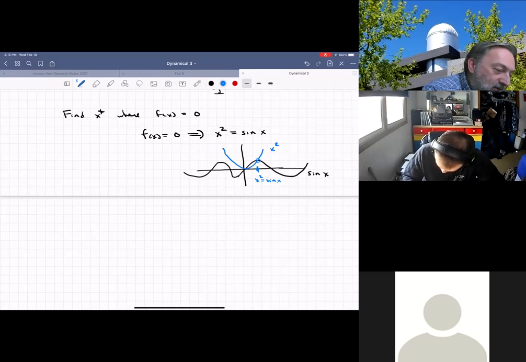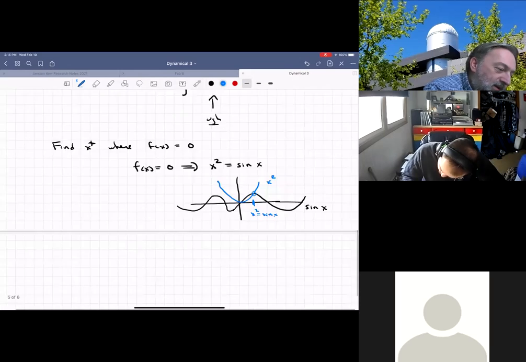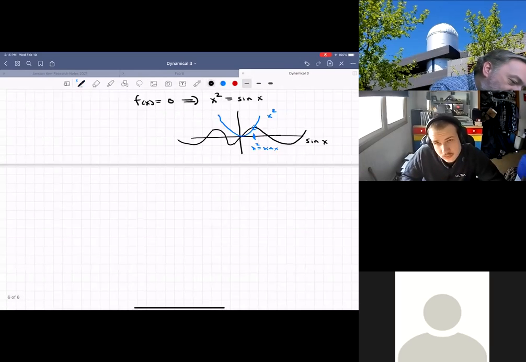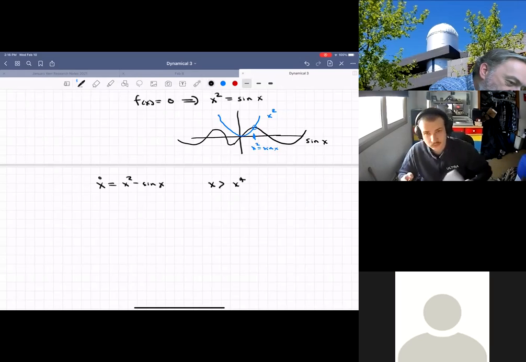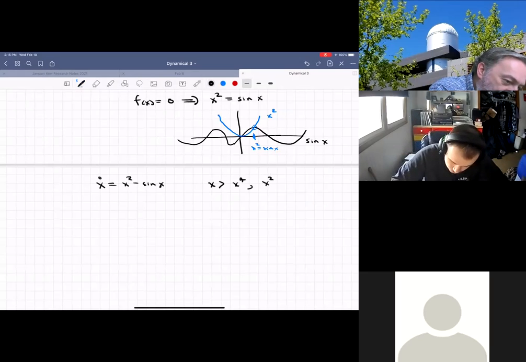And so I can see a little further. If I'm looking at this in terms of x dot is x squared minus sine of x, I can see that when x is more than this x star value, x squared is more than sine of x.